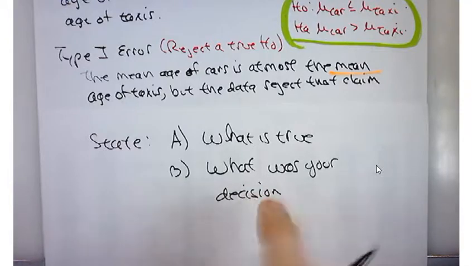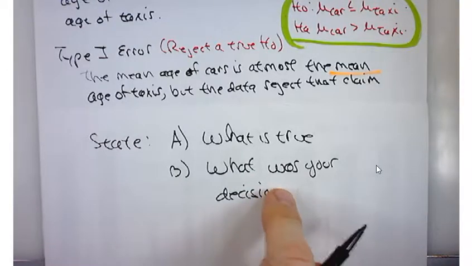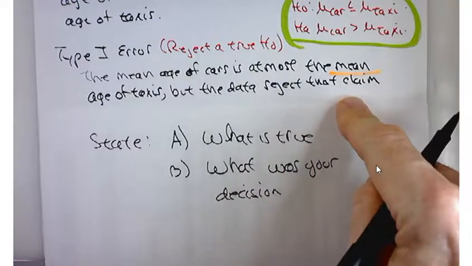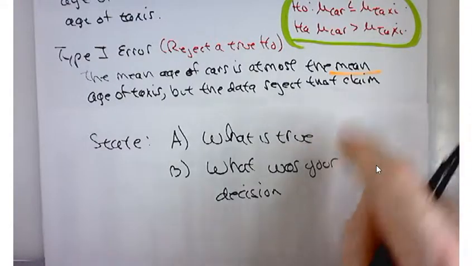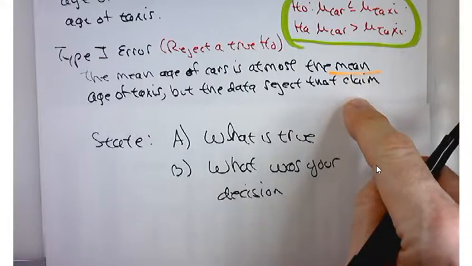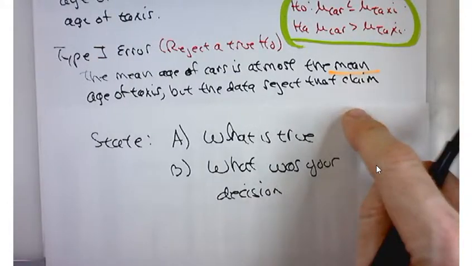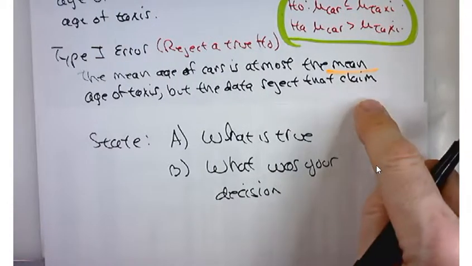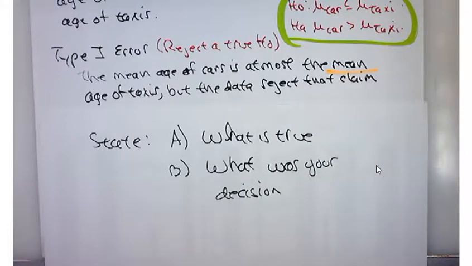I'll give you a little bit of a hint. Your decision should not match what is true. Why? If it did match, you wouldn't be making an error, right? So it can't match. Your decision has to be opposite of what's true. So you're going to start by stating, all right, here's what's true, but this is what we decided, or this is what the evidence helped us decide.